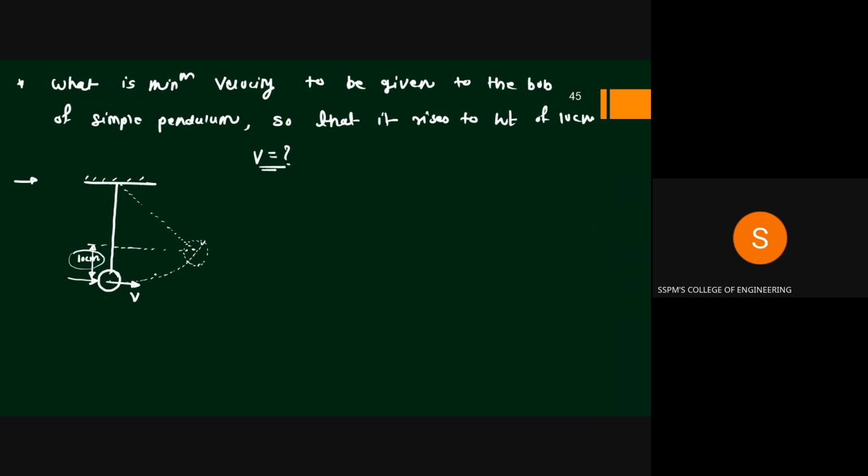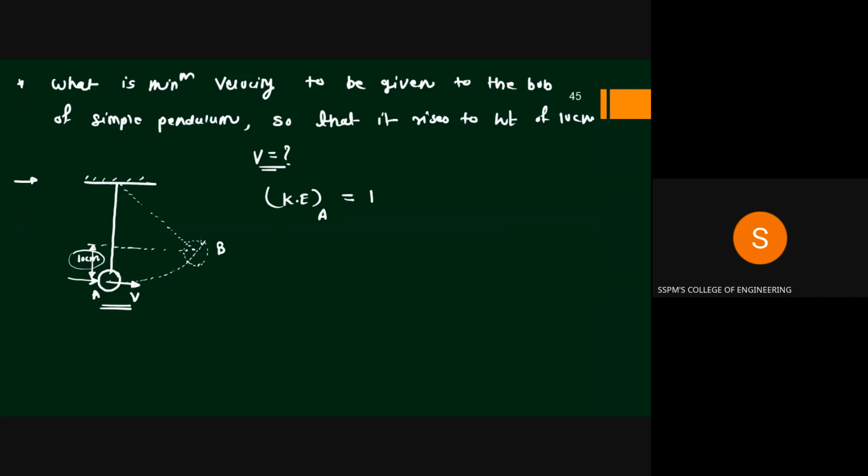So here we have to use the energy equation. The initial energy given to the bob will be a kinetic energy. I will consider this point as A, the second point is B. So kinetic energy is completely converted into the potential energy.